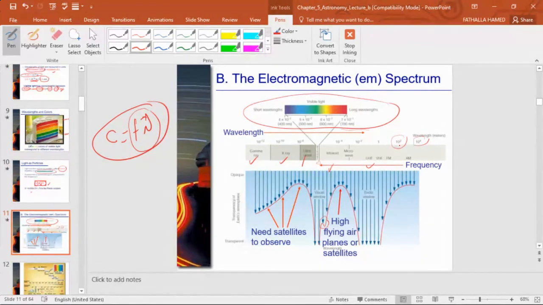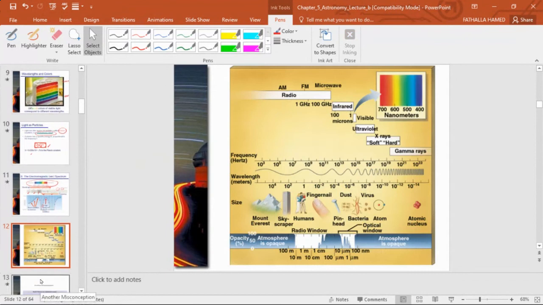And that's why if we want to make any instrument that can detect the gamma rays, the X-rays, things that come from the sun, we have to do that from space. We cannot do it from the surface of the Earth here. So that's why we came a long way from just relying on our eyesight to using radio telescopes and optical telescopes, and then putting things in orbit around the Earth to look at this radiation that comes from space.